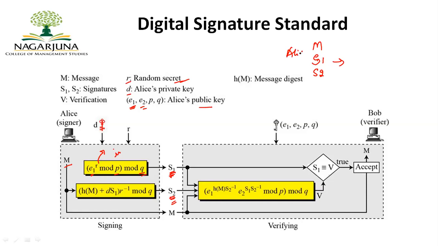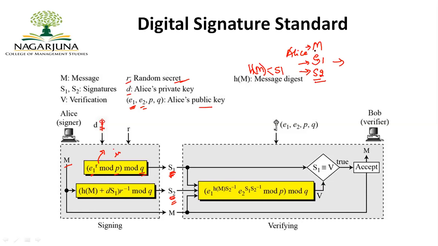Alice now has a message, and she has generated S1 using the public key E1, R, and the two prime numbers P and Q. She has also generated another digital signature S2, where the message has been subjected to a hash function using SHA, and she has made use of the private key and of S1 to generate S2.